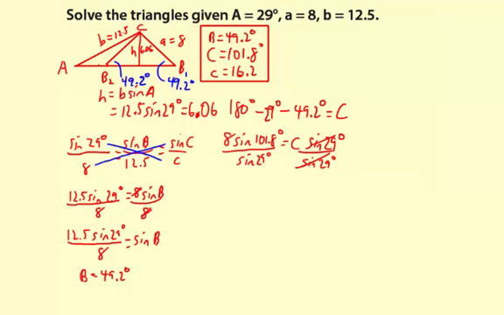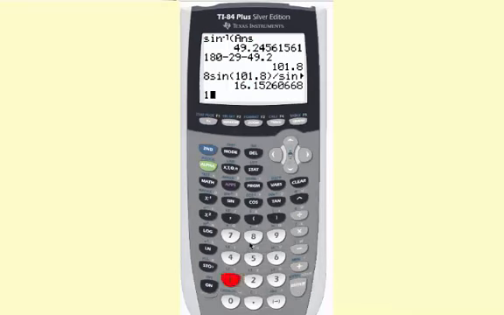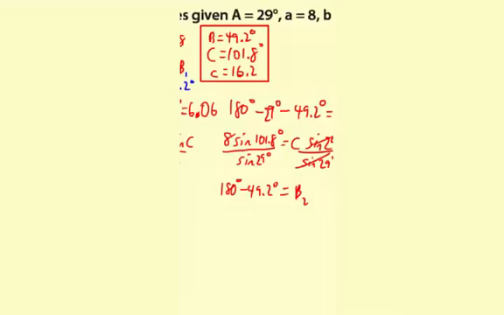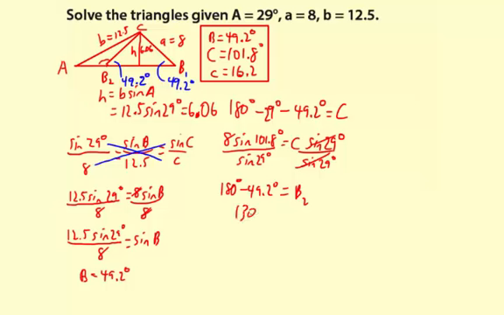So knowing that, I can say that this angle is 180 minus 49.2 degrees, and that's the measure of angle B2. So that's 130.8 degrees. So I'll just put a B up here, equals 130.8 degrees.